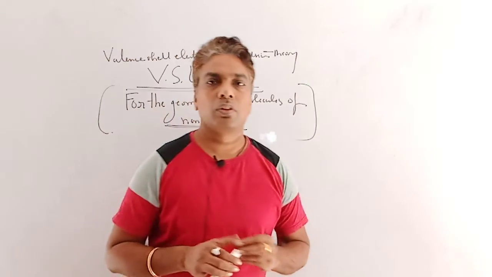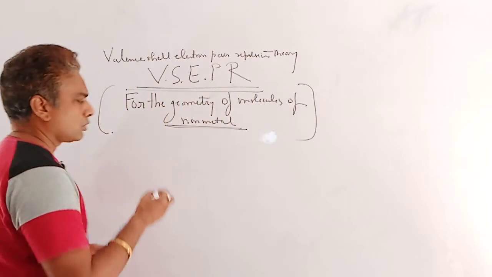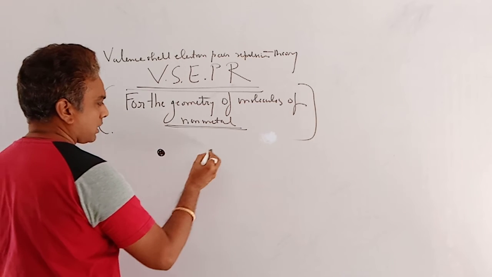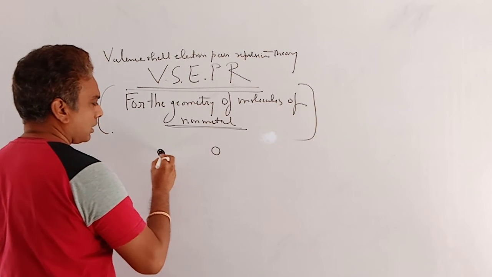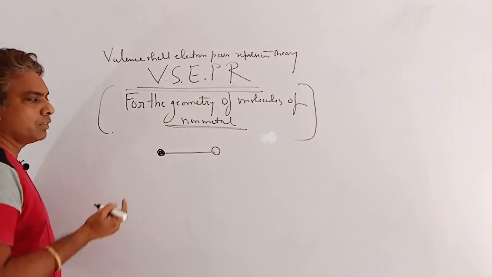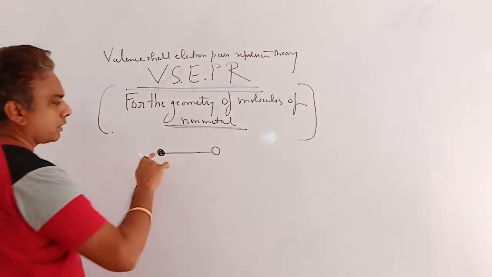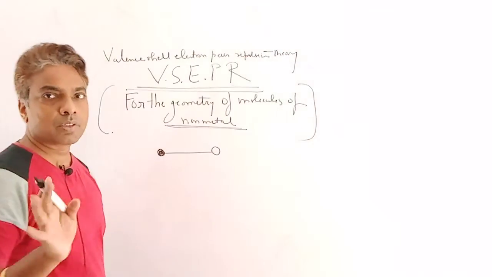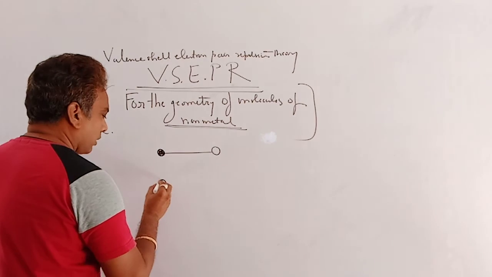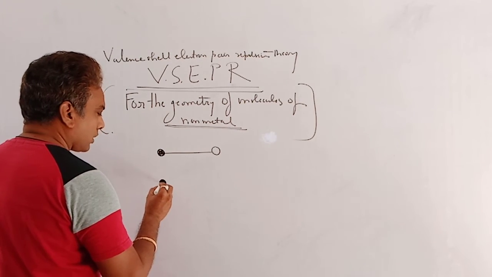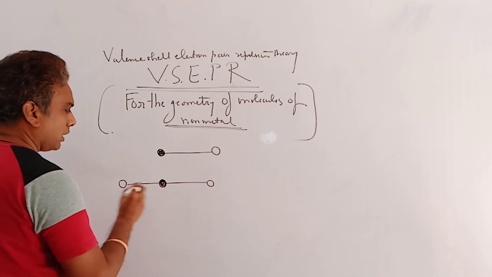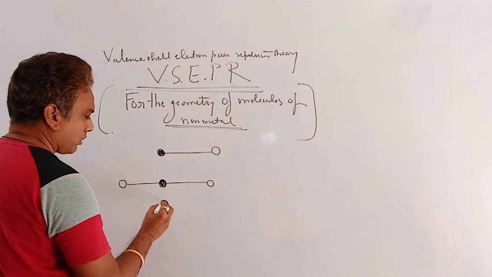Suppose we have two atoms. One is like a dark circle and another is like a light circle. If we want to join these atoms, then we have only one way, like this. So geometry will always be linear in case of two atoms. But if we have three atoms, here is the central atom and two atoms are linearly arranged with the central atom.